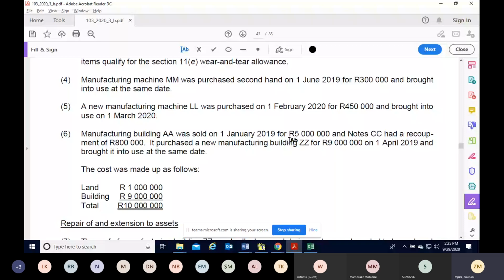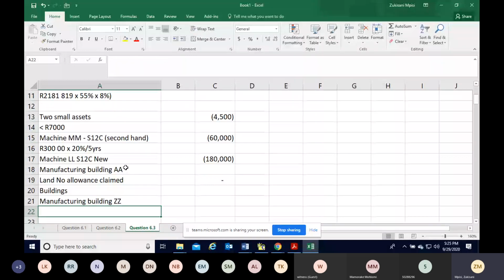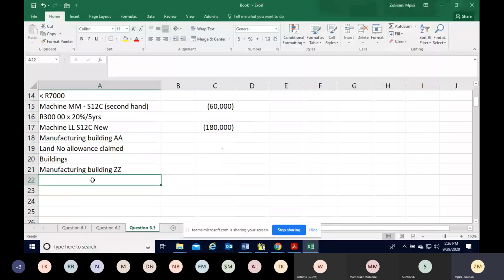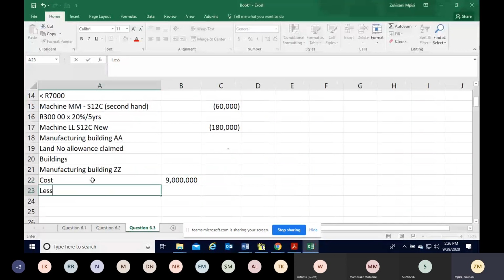So what we are looking at now is providing an allowance for manufacturing building ZZ. Remember here, we don't have to calculate recoupment because we have deferred recoupment in manufacturing building ZZ. Now, to calculate an allowance, we need to say cost, and the cost we are given is 9 million of this building, less recoupment provided, which we have deferred.